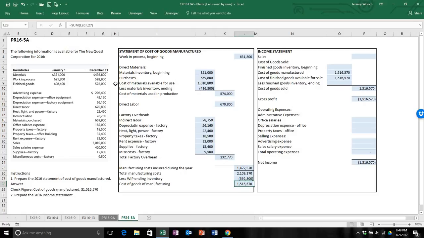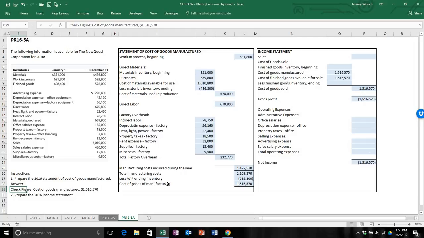So that's our ending balance right here. That means during the year, combining materials, labor, and overhead, the cost to manufacture everything that we made, not everything that we sold, but everything that we made, was 1,516,570. And it looks like that matches our check figure over here. So good deal, we're on the right track.